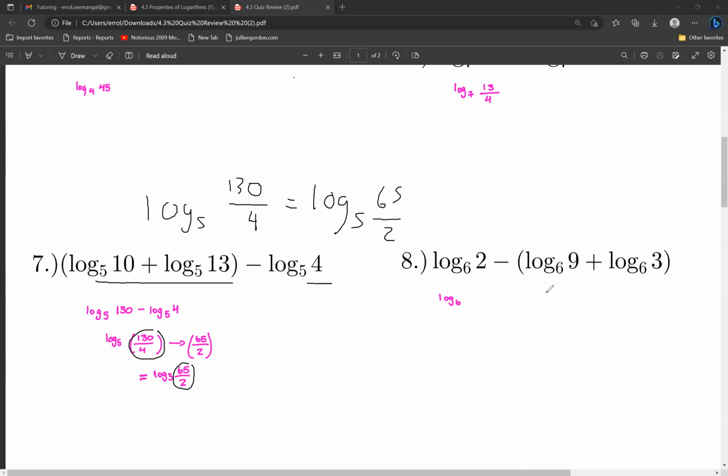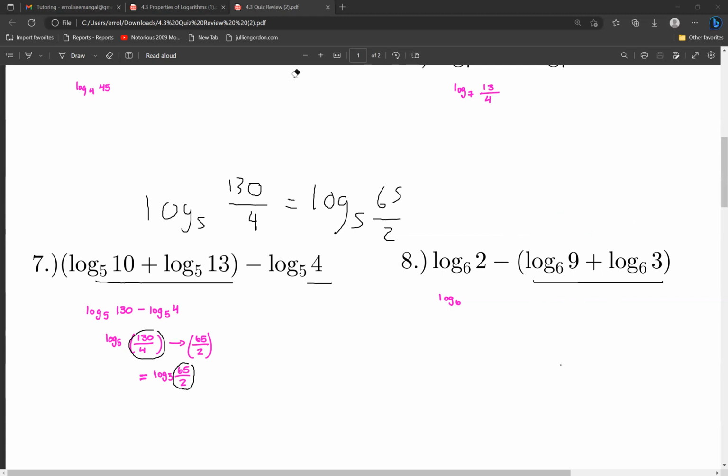This one. Okay, so it's got the brackets right there. So you're going to multiply these two. That's log 6, 9 times 3 is 27. And then, okay, let me write it down here. Log 6 27. Then you're going to divide by, or let me see here. What's 8?